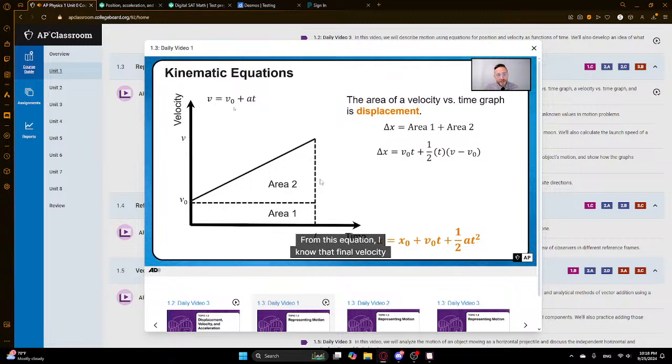From this equation, I know that final velocity minus initial velocity is just acceleration times time.